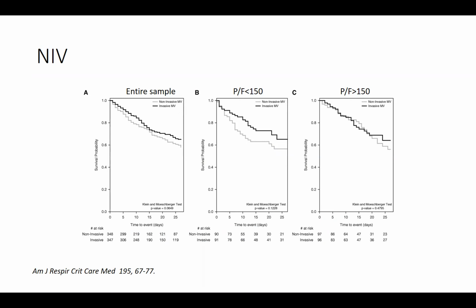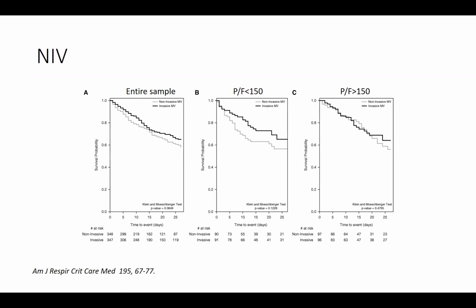Now, obviously, as this applies to everything, patient selection is key. So maybe recruitment maneuvers are beneficial in a certain subset of patients, but harmful in others. And how do you select your patients? But this applies to everything, so I cannot make an informed suggestion in that regard.